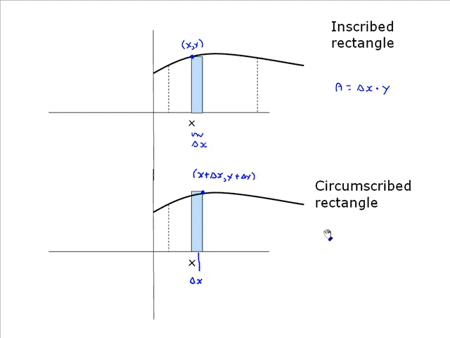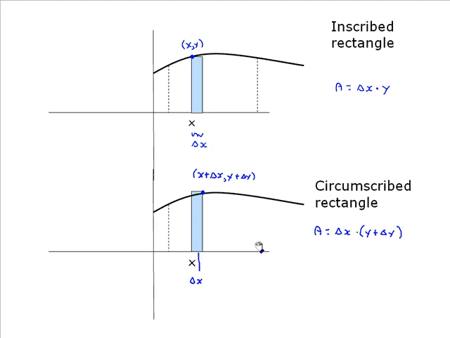So the area of this rectangle, if we do this version of it, the width would still be delta x of the individual piece, but the y value, instead of being just y, is going to be y plus delta y, or change in y. So those are the two distinct versions we've got.